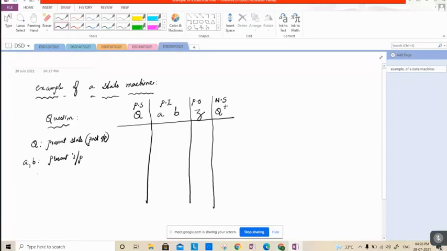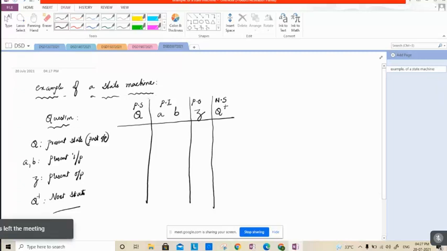Will you agree with that? Clear. So Z is nothing but my present output. Q plus is my next state, right?